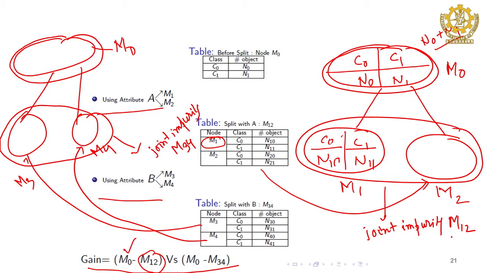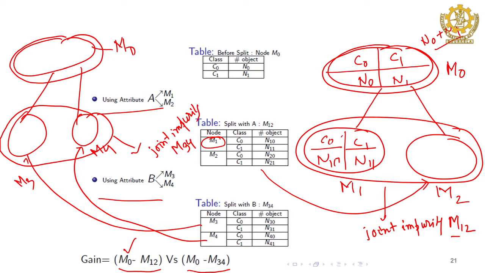We do the same with M0 minus M34 for the second split. Whichever gives the maximum gain, that means after the split it has the least joint impurity, we will take that one.